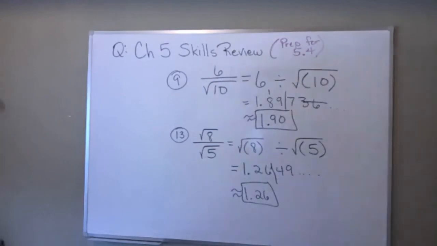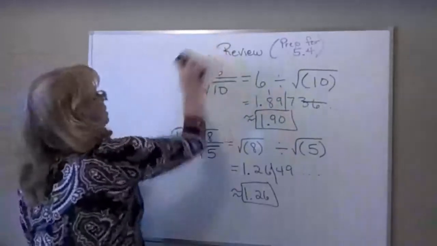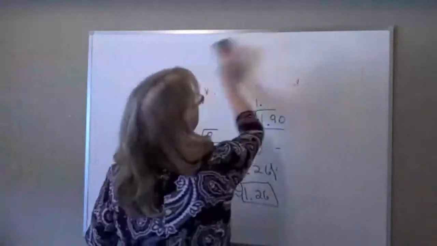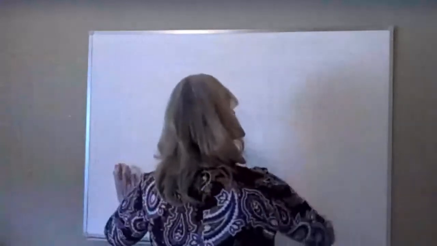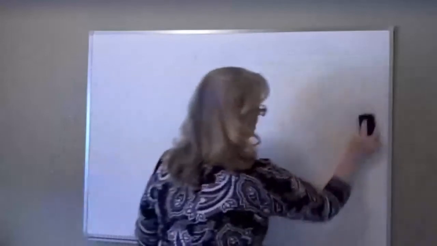Okay. I'm going to erase this and I'm going to go on to an introduction to 5.1. And then after the break, we'll be doing a lot of examples from the 5.1 homework.